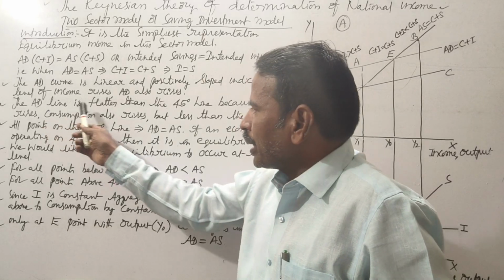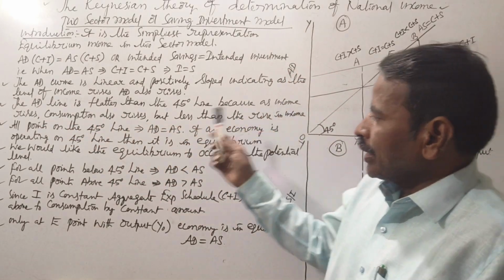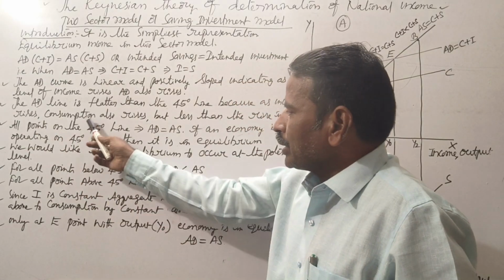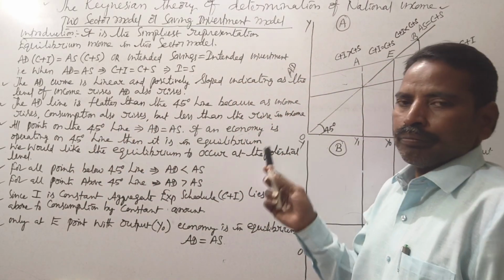The aggregate demand line is flatter than the 45-degree line because as income rises, consumption also rises, but less than the rise in income.